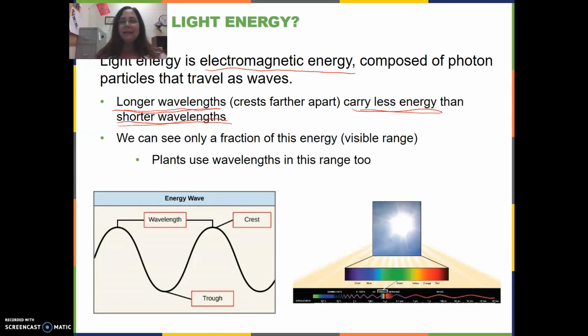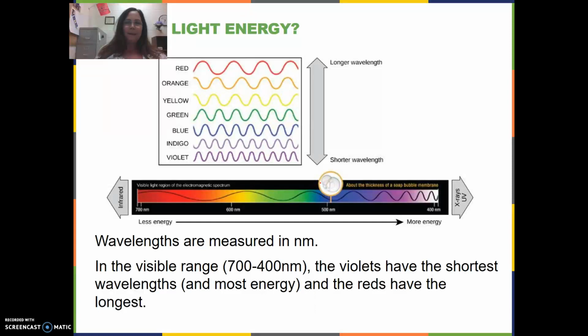And the visible light spectrum, you can remember the colors by Roy G. Biv: red, orange, yellow, green, blue, indigo, and violet. Red would be a longer wavelength, which would mean red has the least energy.